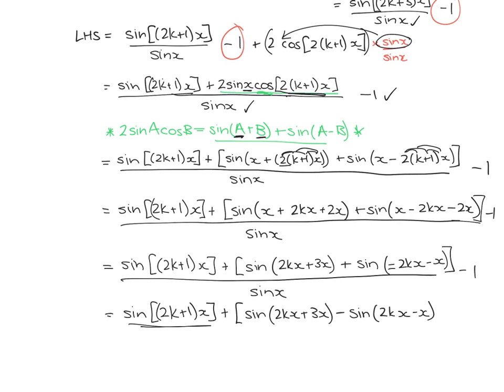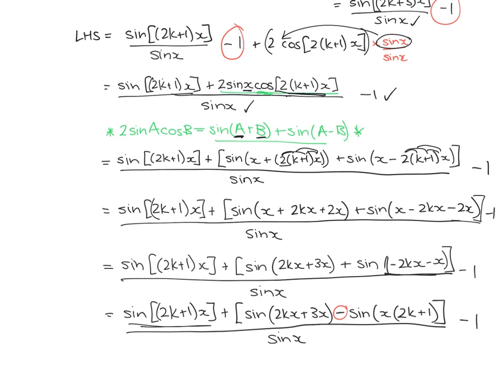So first of all we've pulled out this negative that was there, and now we're going to pull out an x. We're then left with 2k plus 1, because of the negative that's already come out the front, because if that negative goes in, it makes both of them negative, all over sine x minus 1.